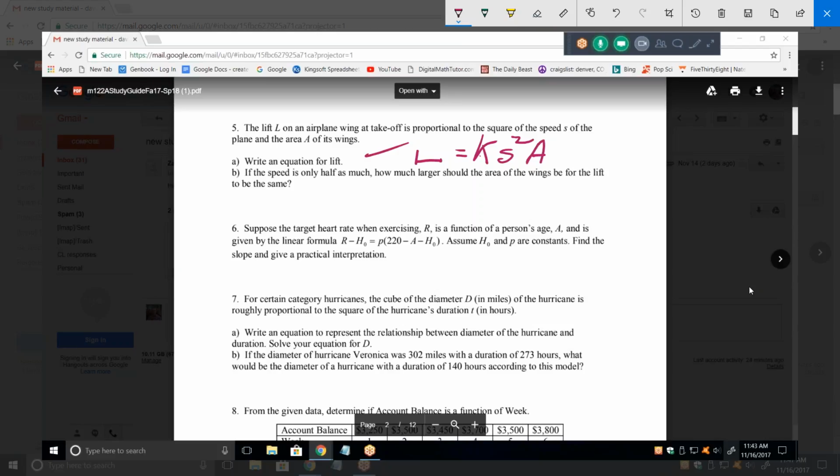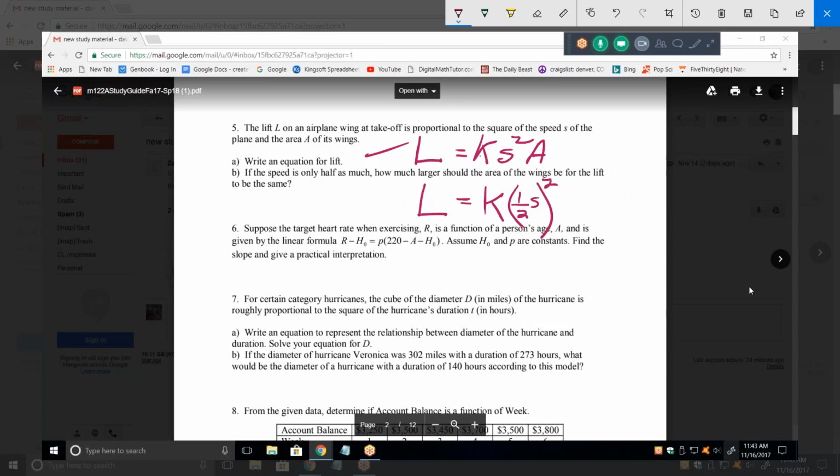If the speed is only half as much, how much larger should the area of the wings be for the lift to be the same? Well, K doesn't change. Lift is the same, so L doesn't change. What changes? The S. Okay, and it becomes 1/2 S squared. And A is going to have to change.